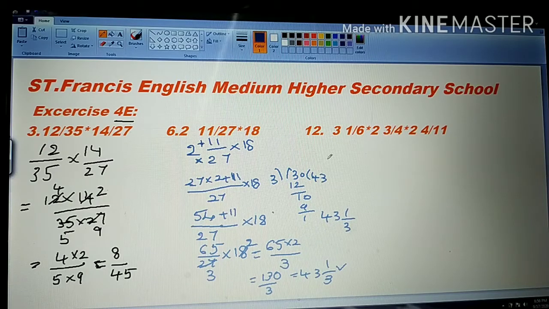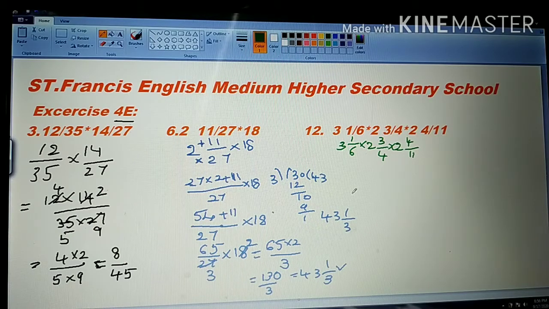See here, this is also a mixed fraction. So 3 1 by 6 into 2 3 by 4 into 2 4 by 11.